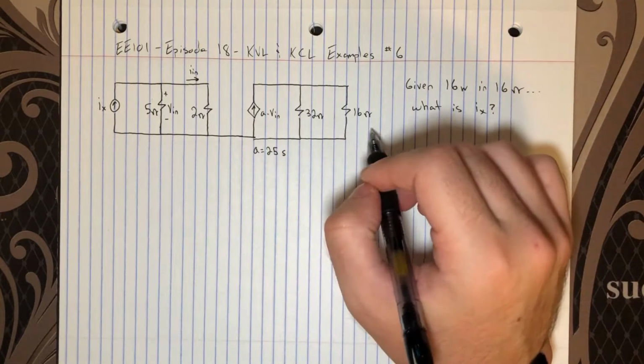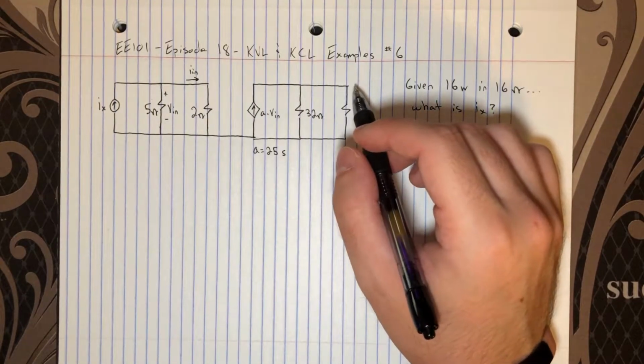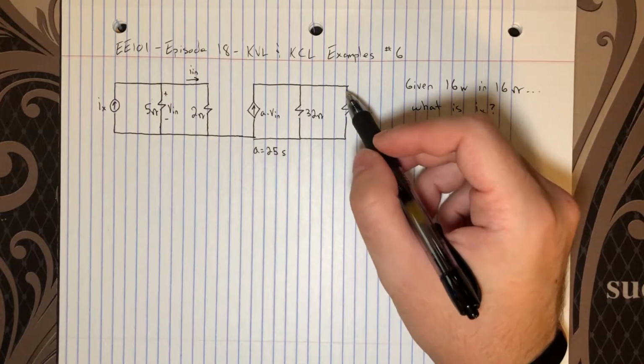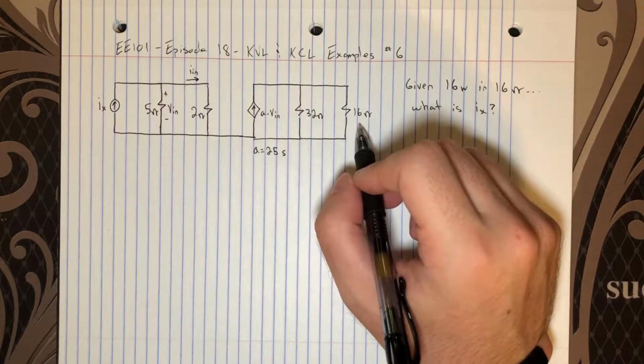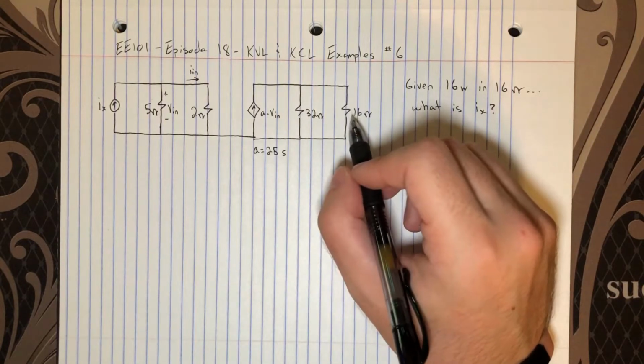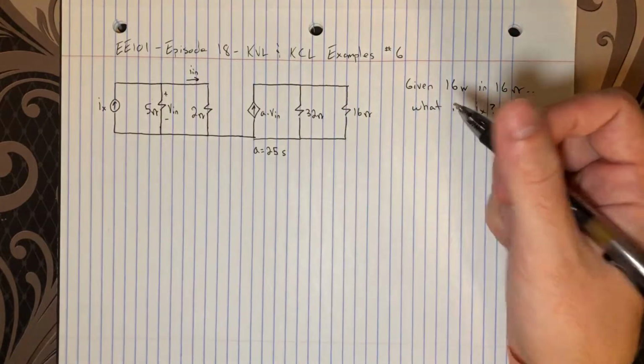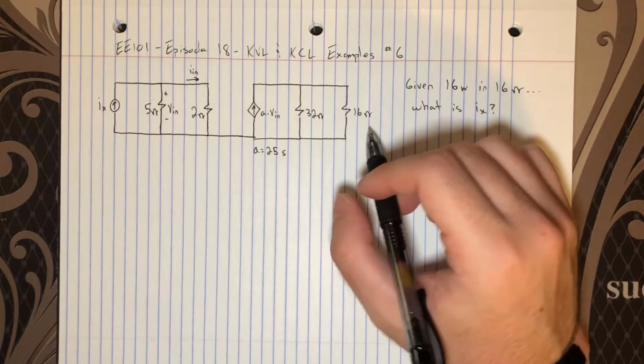Well, in this case, it's really hard to start anywhere except the load. So we're given the power. And that means that we actually have complete information about its voltage and current as well, because if you know the power in a resistor, that automatically tells you both its voltage and its current by virtue of the fact that you know the resistance itself.